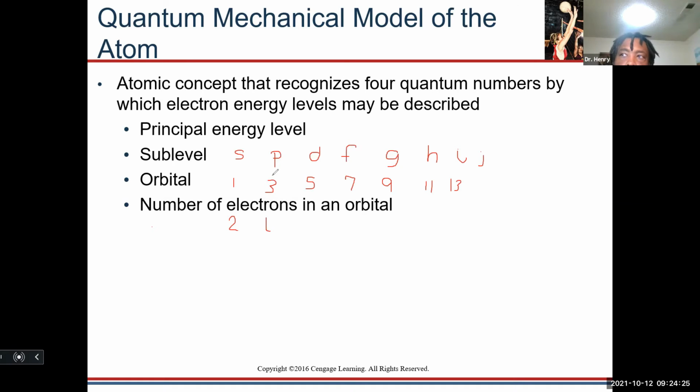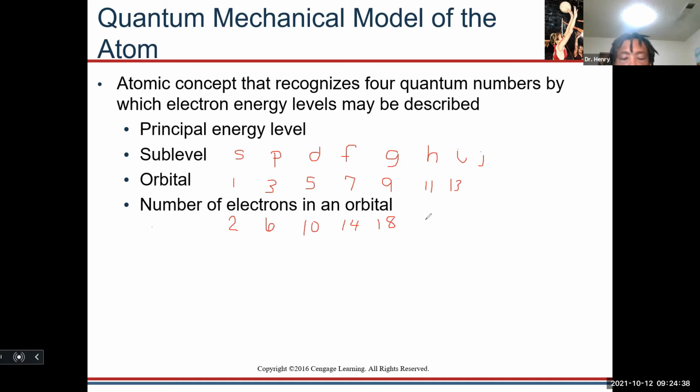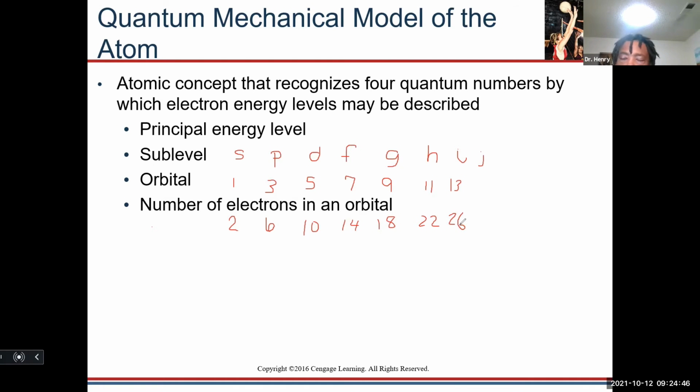Nope, if it has 3 orbitals, 3 times 2, 6. D, 10. F, 14. G, 18. H, 22. I, 26. J, that would be 30, okay?